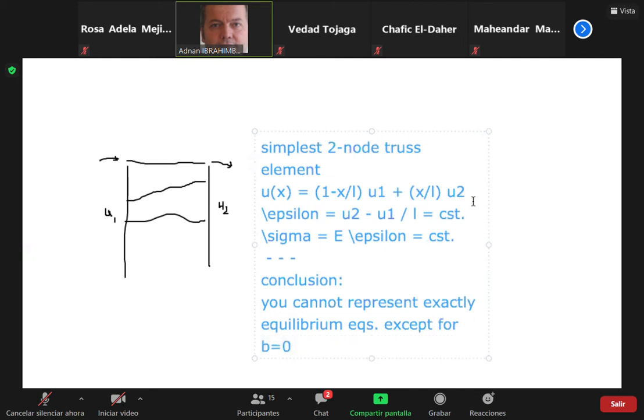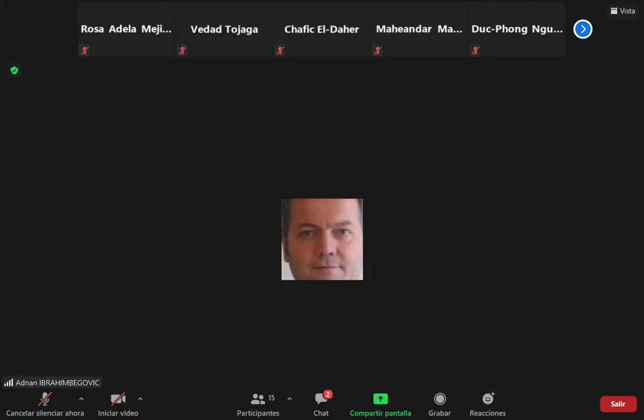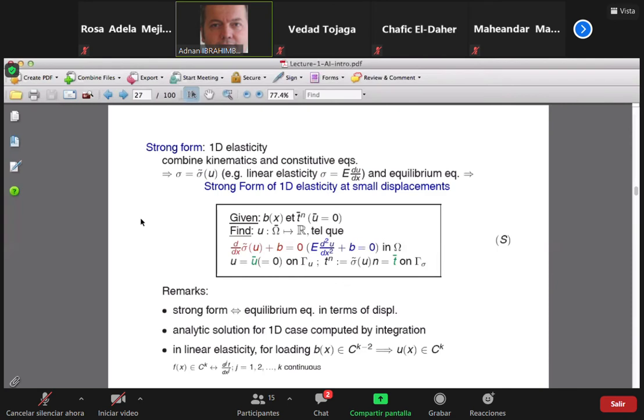In other words, if you take such a linear formulation for the displacement field with epsilon and sigma being constant, and you take the derivative, then you will have d sigma dx plus b equal to 0 only if you have b equal to 0. So this is a very limited choice of such a model. But again, this is what we can do when we have a strong form.